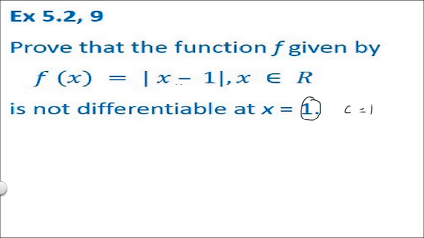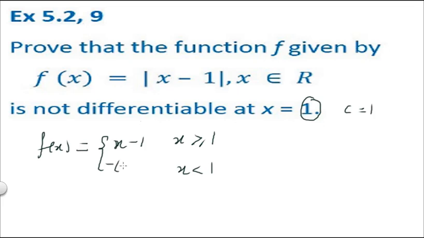So for solving it, let us first break the function. For all the values which are greater than or equal to 1, the value of the function will be positive, right? When x is less than 1, the function will be negative, minus of x minus 1, or I can write it as 1 minus x.